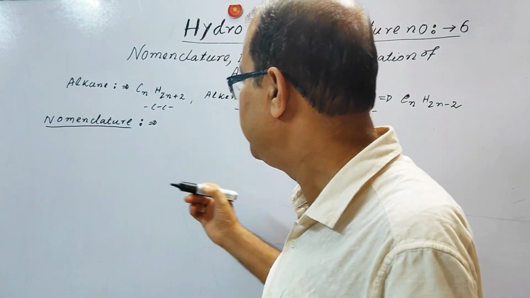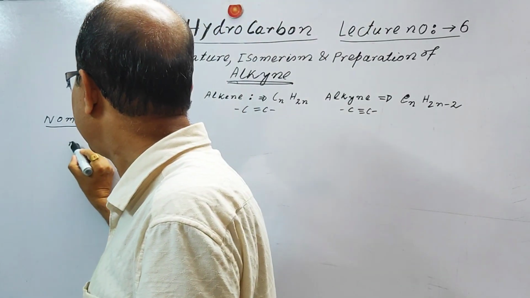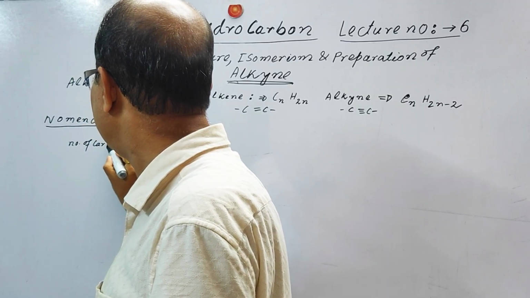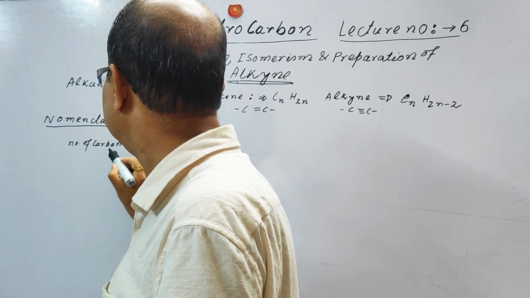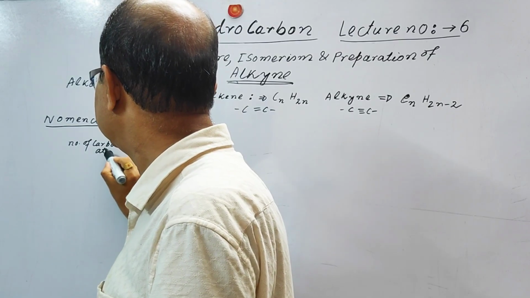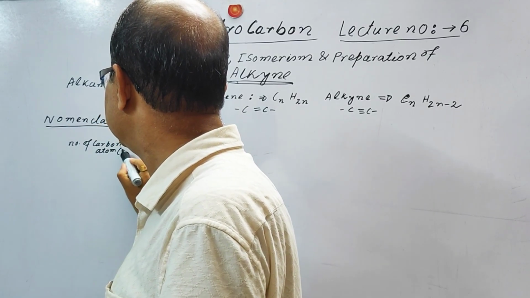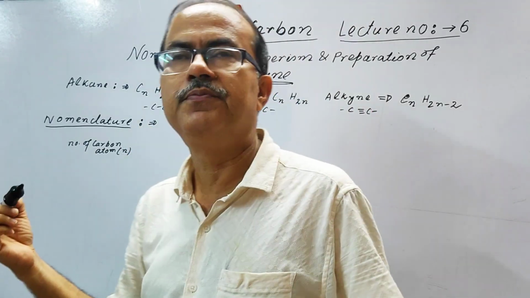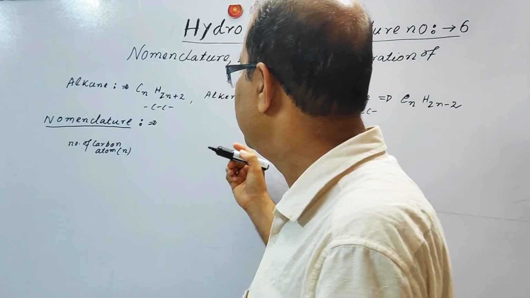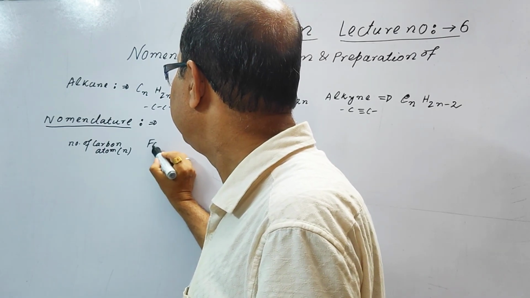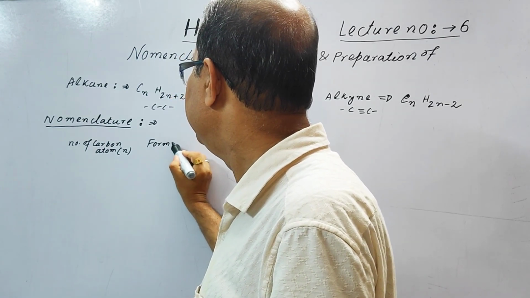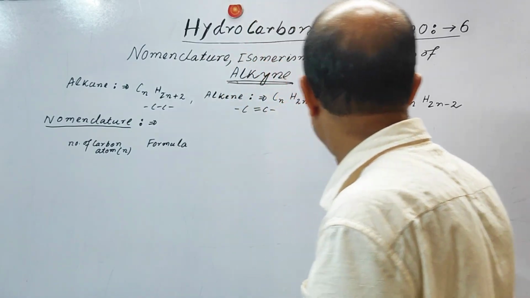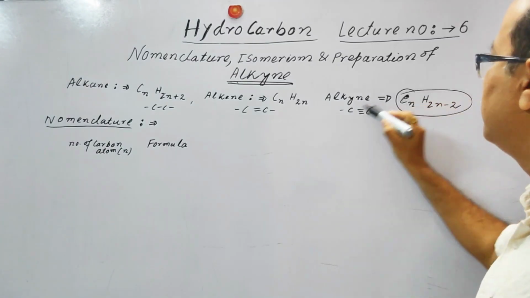First, we take the number of carbon atoms, suppose this is n. From that number of carbon atoms, we can make the formula of the alkyne on the basis of its general formula.